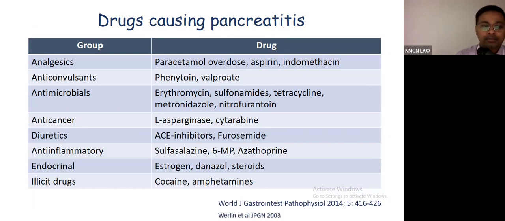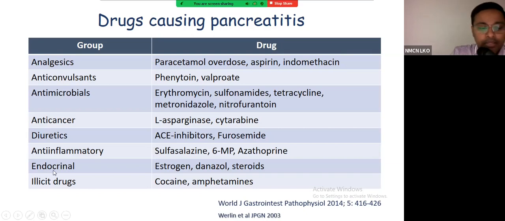The special groups are analgesics, anticonvulsants like phenytoin, valproate. Certain drugs we very commonly use, like steroids, azathioprine, even sulfasalazine, we have seen in our patients causing pancreatitis. Anti-cancer drugs commonly used in childhood leukemia, like L-asparaginase or cytarabine, are also known to cause pancreatitis.